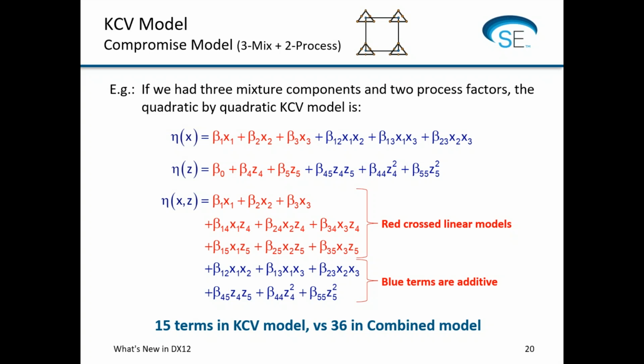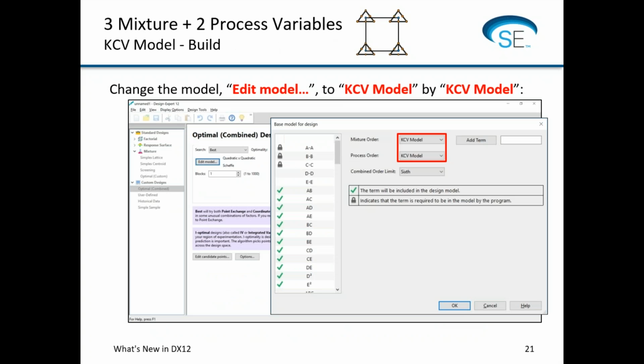If you crossed them completely, you would have 36 terms in the combined model, but the KCV model, with only crossing the linear terms, ends up having 15 terms. So this, in essence, is reducing the number of runs required for combined designs, which I'm hopeful will allow a lot more people to use combined designs, which are really, really valuable in formulation work.